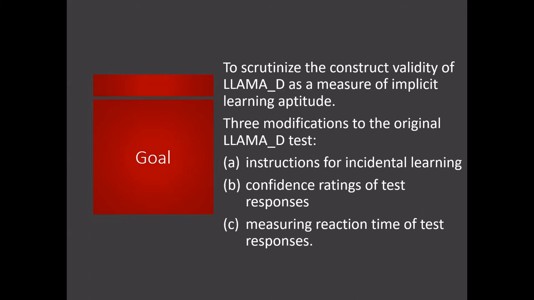Lastly, I also measured reaction time of test responses. Because I made these 3 modifications, the current study may not be considered a validation study with the original LLAMA-D test per se, but these modifications were made to explore its potential and limits.